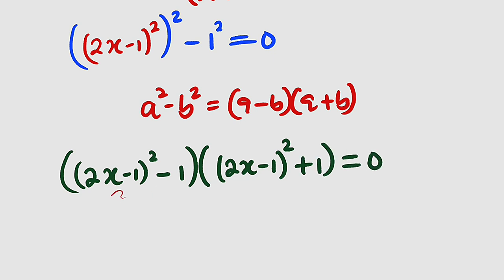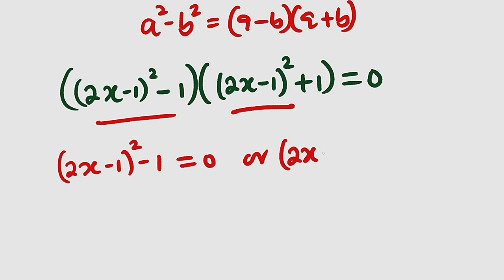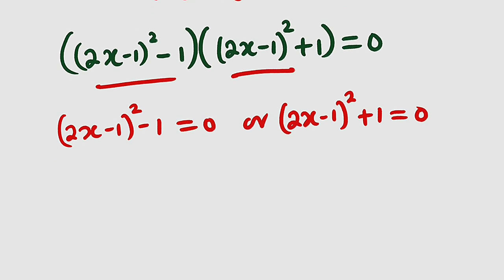Now we have two factors, 1, 2. We're going to set each to be equal to 0, right? So it is either (2x - 1)^2 - 1 = 0, or the other one, (2x - 1)^2 + 1 = 0. I'm not going to expand these binomial terms as well.